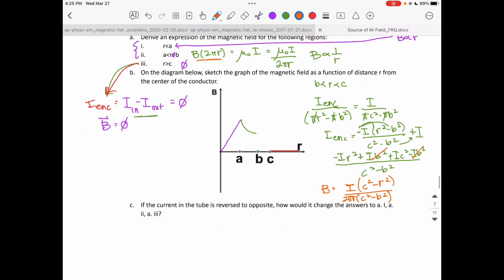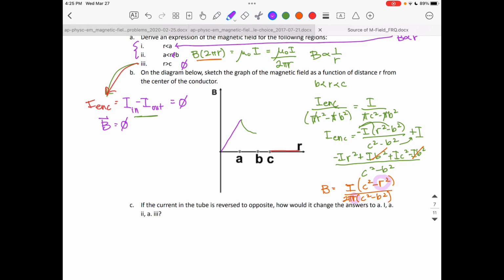Okay. So what we have here is an r squared and an r. Those will end up reducing. But what we also have is the fact that this r squared is negative.